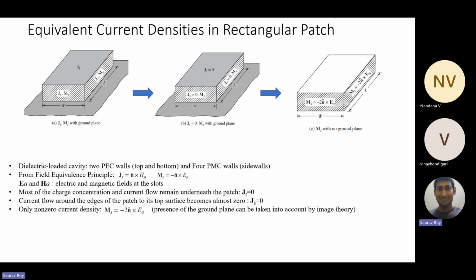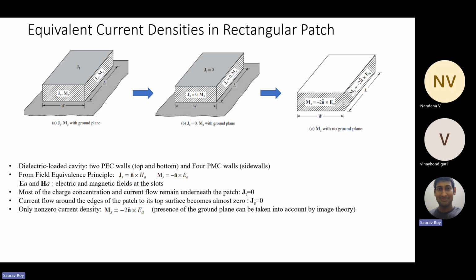Because the tangential component of the magnetic field is zero, that's why we call it a PMC. On the side walls, there is no tangential component of magnetic field, because there is no current flow of Js, meaning electric current flow from top to bottom. This is negligible because the substrate height is so small. There will be no electrical current flow on this substrate.